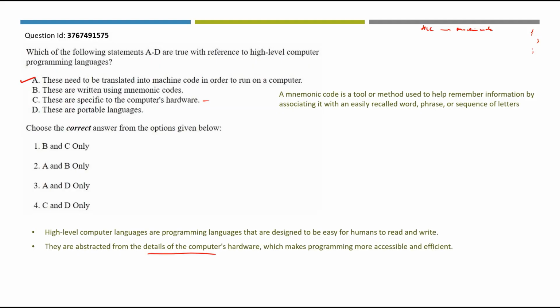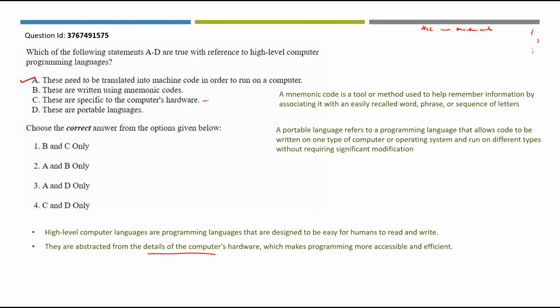These are portable languages. What is a portable language? A portable language refers to a programming language that allows code to be written on one type of computer or operating system and run on different types without requiring significant modification. Portable means you can develop in one environment or one platform and run in different types of platforms.